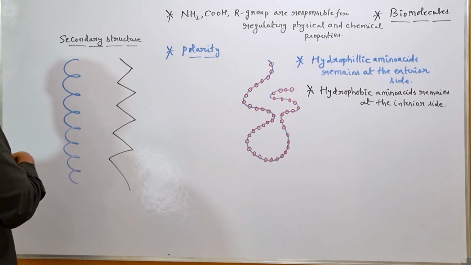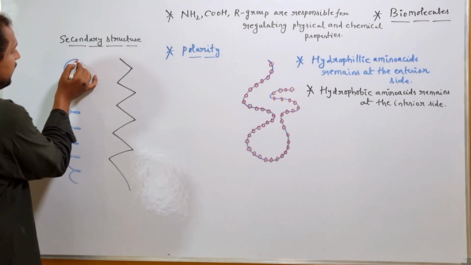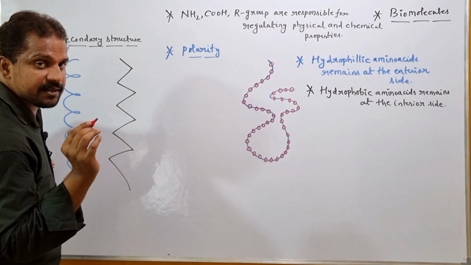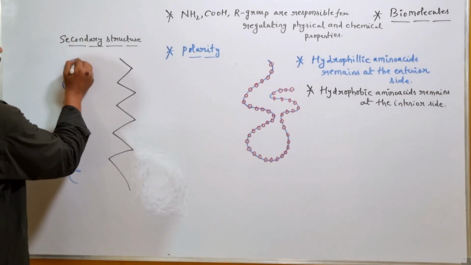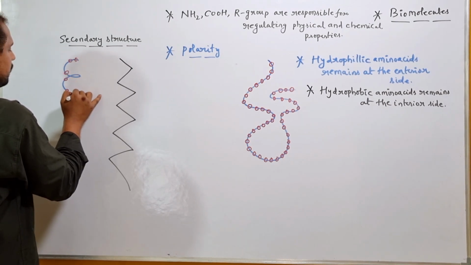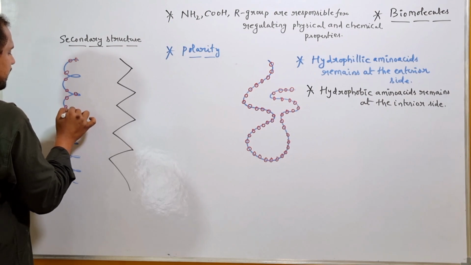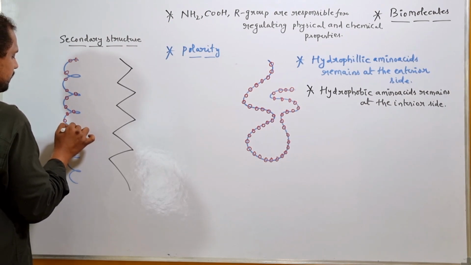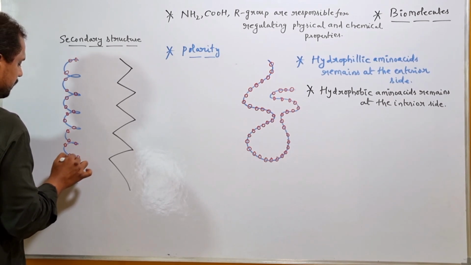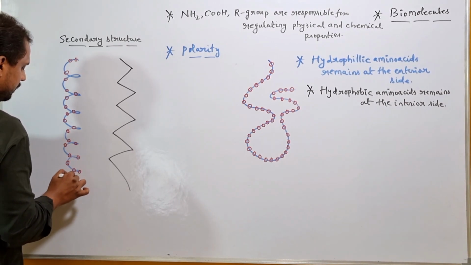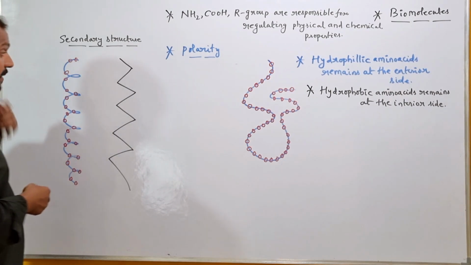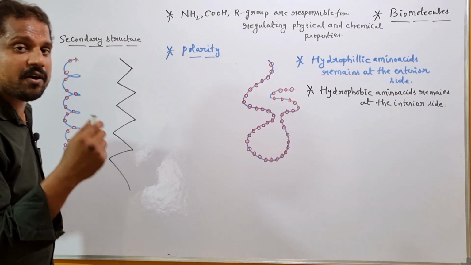So here all these are nothing but what? The amino acids, right? So here in one alpha helical turn, we can observe 3 amino acid residues on average. So all these are nothing but the amino acid residues. So here the right-handed alpha helix is stabilized by means of intramolecular hydrogen bonds.